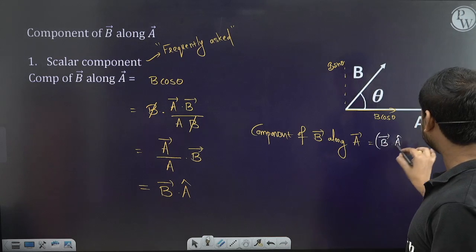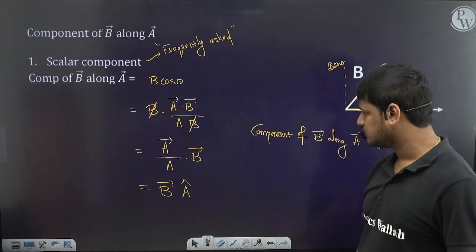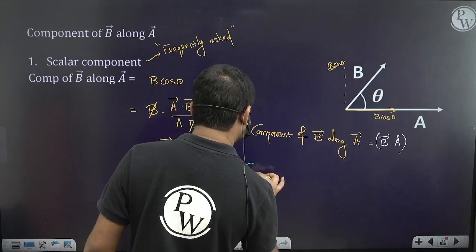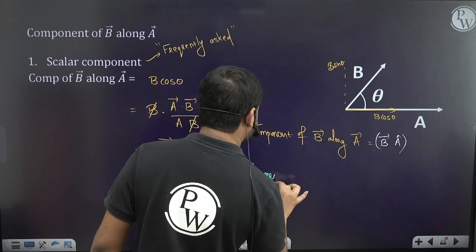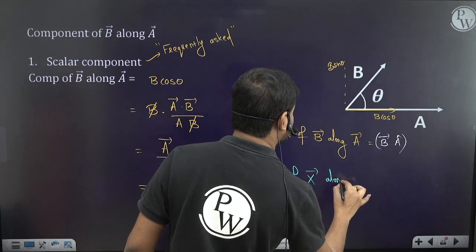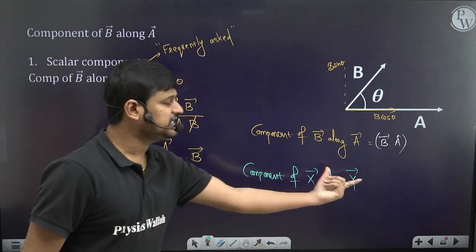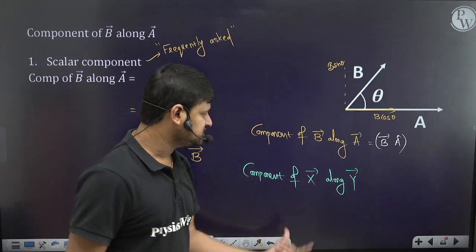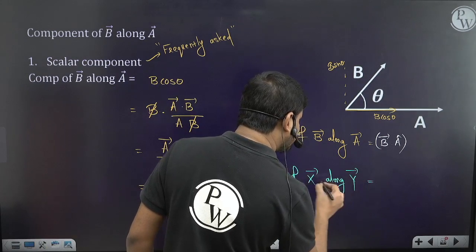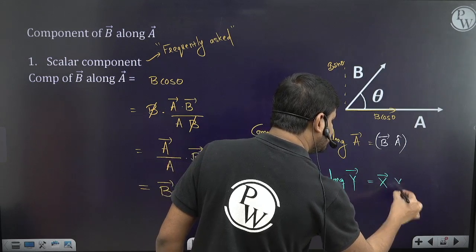This whole thing is only magnitude; we are not talking about the direction, just the scalar component. To write it easily, I am telling you the shortcut. If I say the component of vector x along y, write vector x along y means y unit vector.